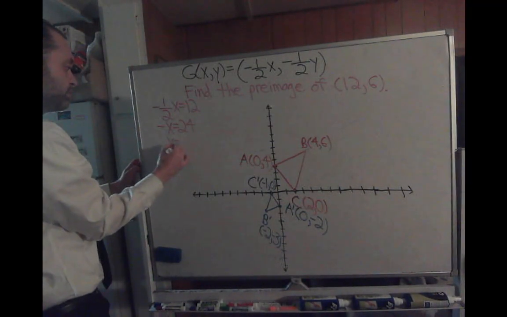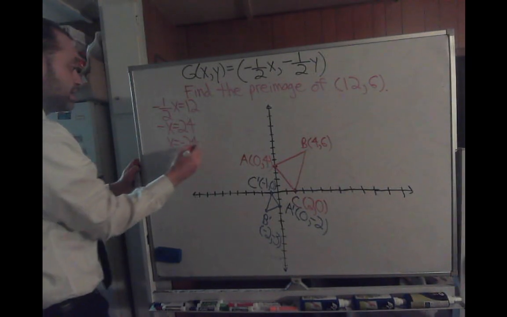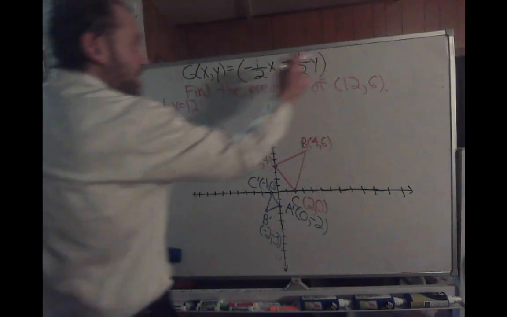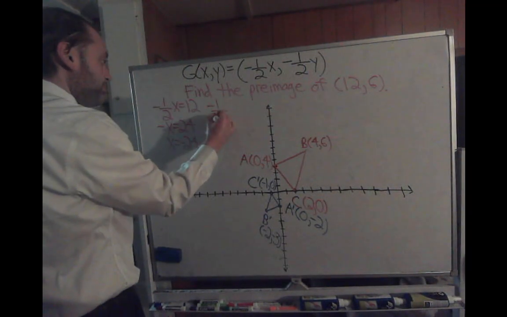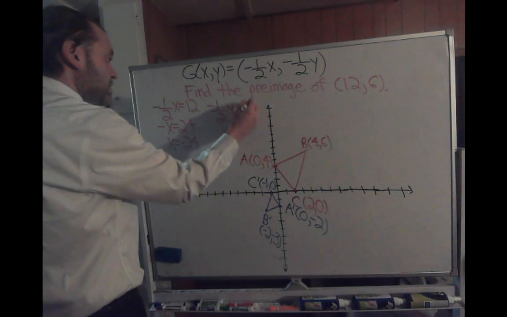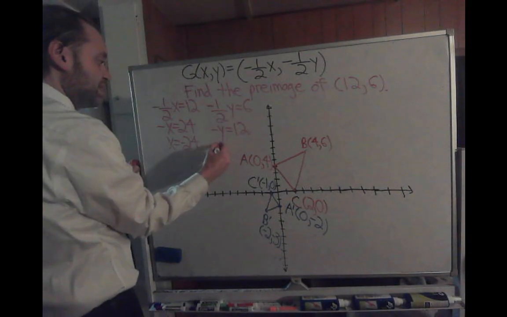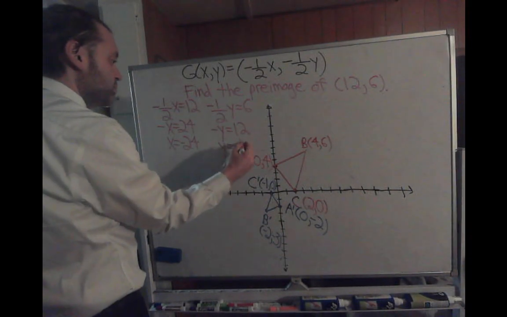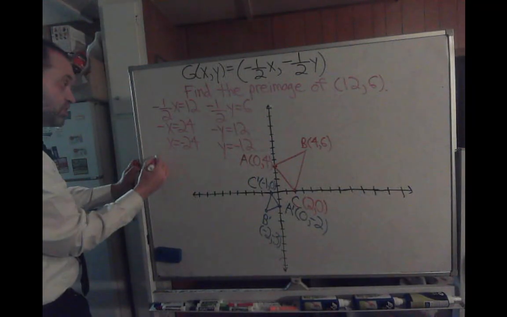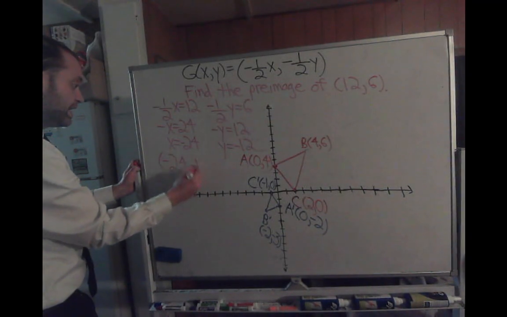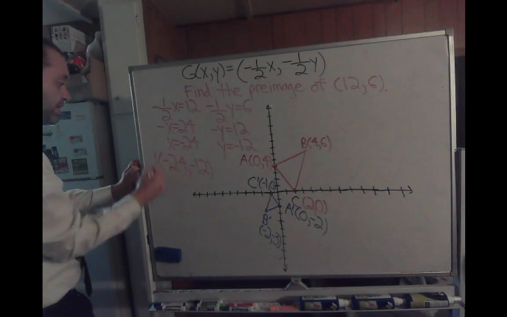So x would equal negative 24. Now find your y value. So set that 6 equal to negative 1/2 y, which gives you negative y equals 12, which means that y equals negative 12. So your preimage of (12, 6) in this case would be at (-24, -12). That would be your preimage.